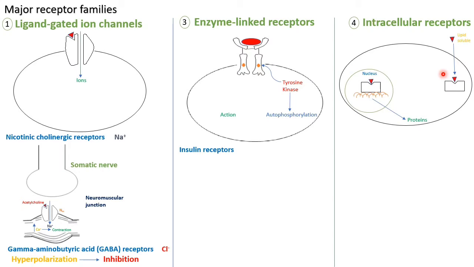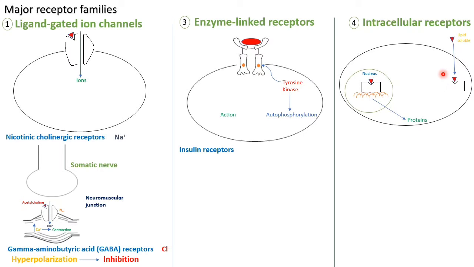So this ligand-receptor complex binds to the transcription factor on the DNA, causing stimulation or inhibition of gene expression. So by stimulation of gene expression, proteins are formed inside the cell.